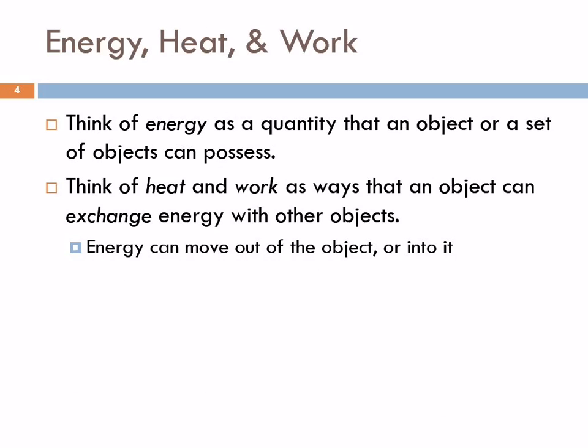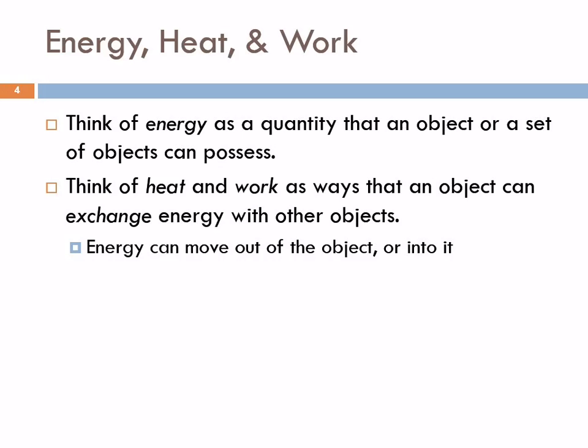So we need to think of energy as a quantity that can be possessed by an object or a set of objects. It's a little bit like money. You can have money, right? And you can transfer money to other people or to different parts of your banking system through your savings or checking account. So energy is like money.